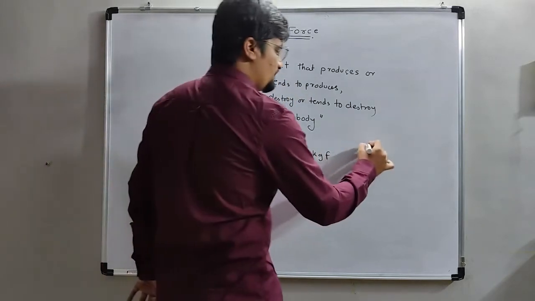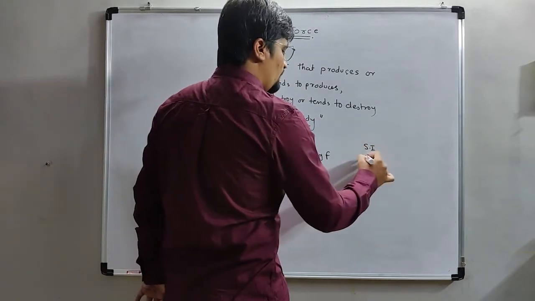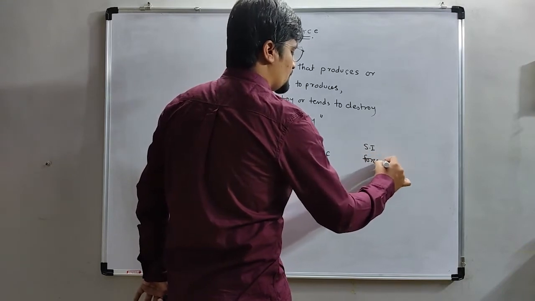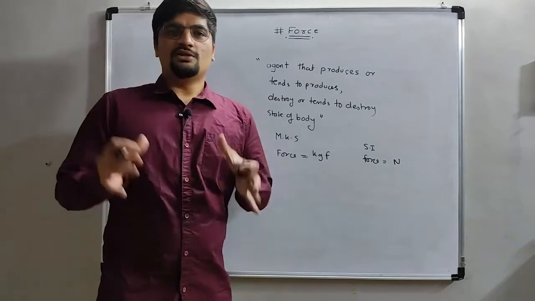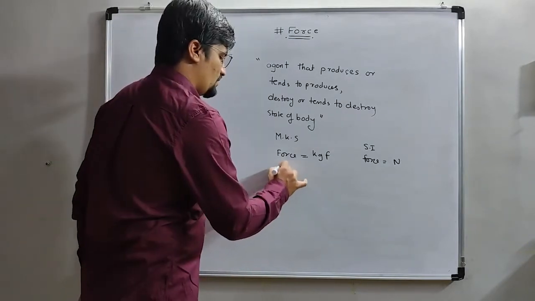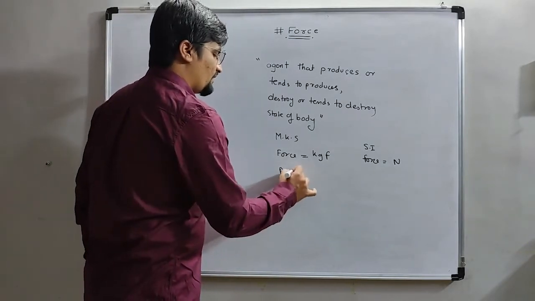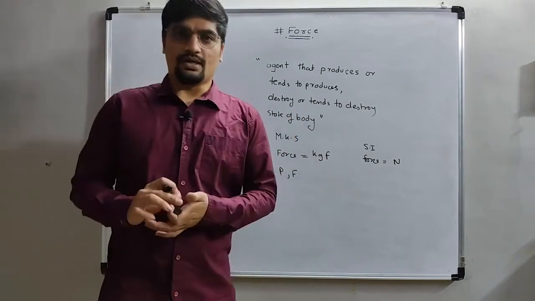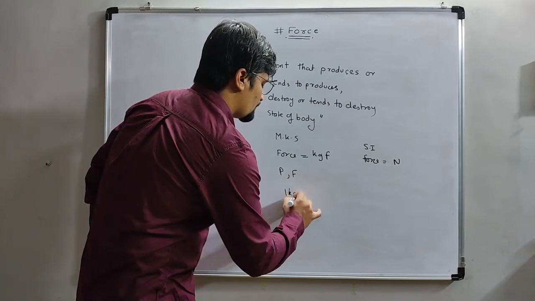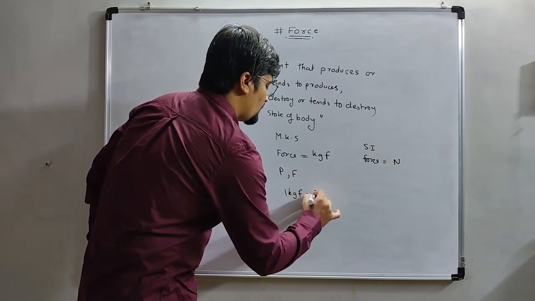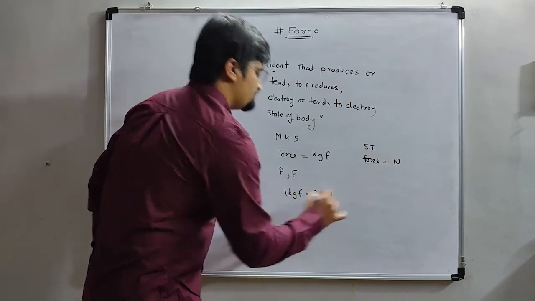In the SI system, the unit of force is Newton. Force is generally denoted by P, or we can say F. Okay. 1 kilogram force is equal to 9.81 Newton.